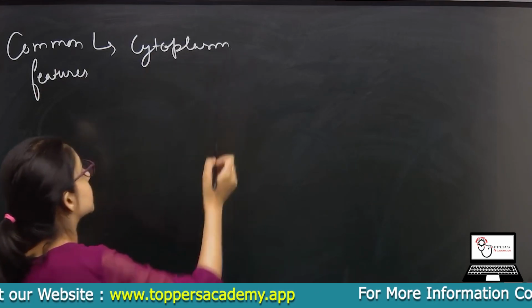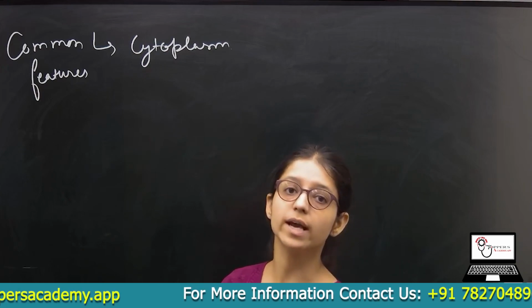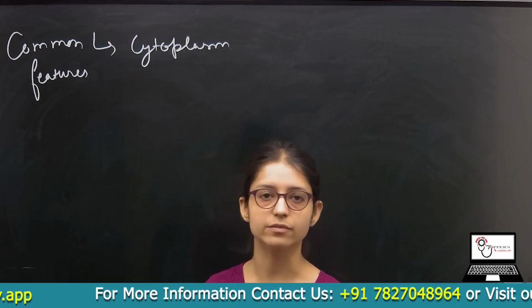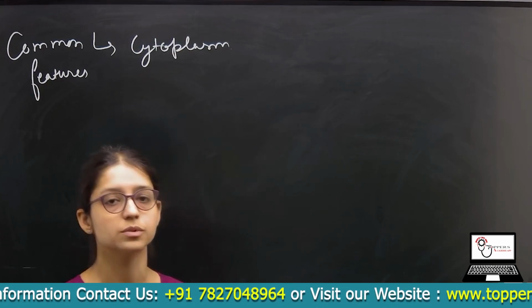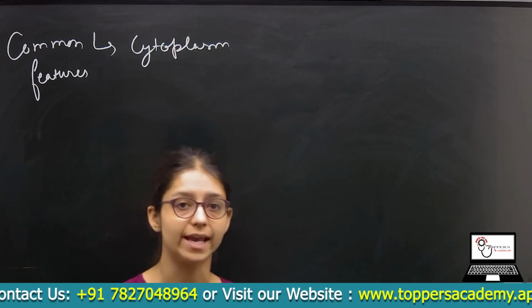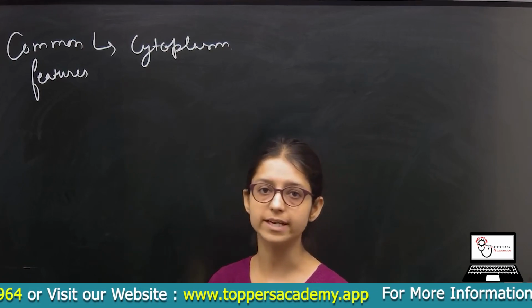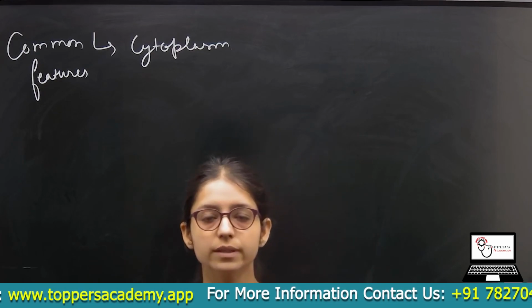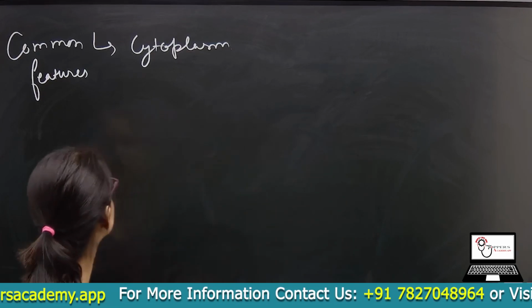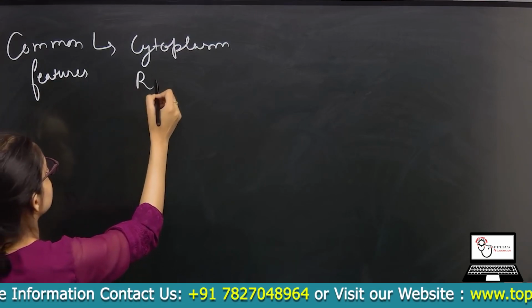Both have ribosomes, but prokaryotic cells have 70S ribosomes and eukaryotic cells have 80S ribosomes. What is the meaning of 70S? S means the Svedberg unit. When we centrifuge the organelle, the more the density, the greater the sedimentation unit. So, ribosomes.